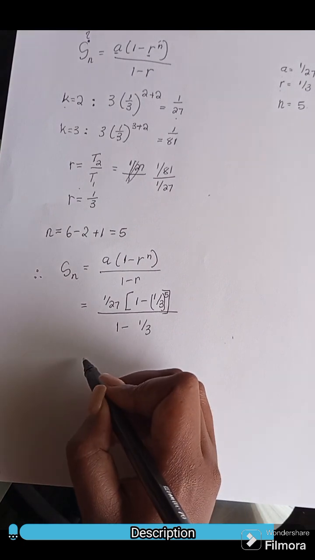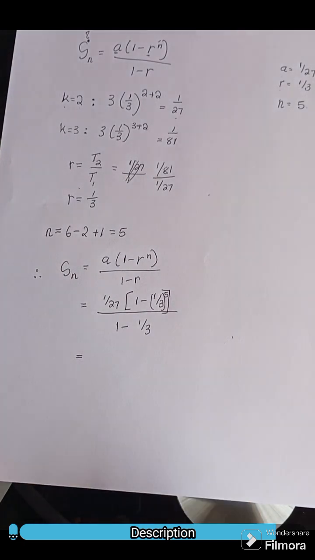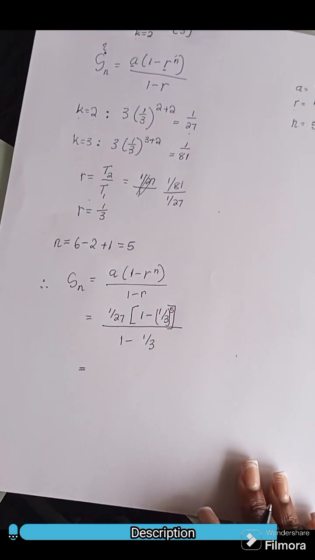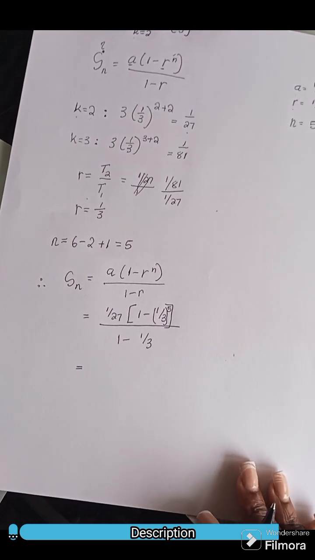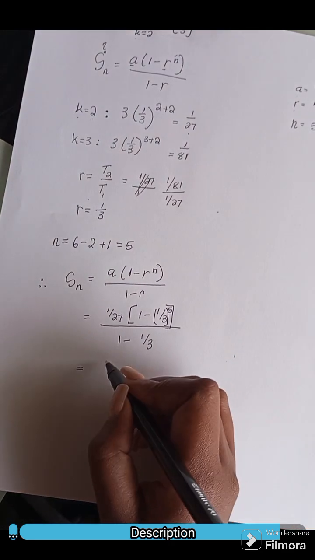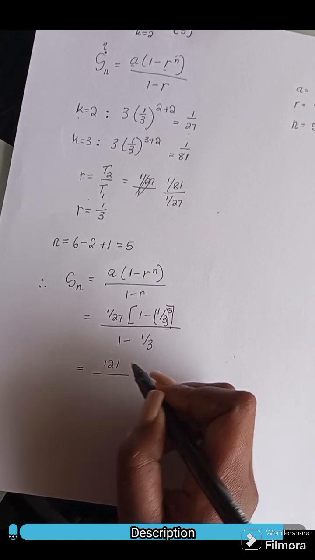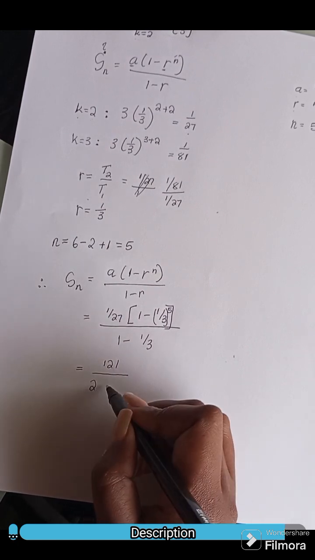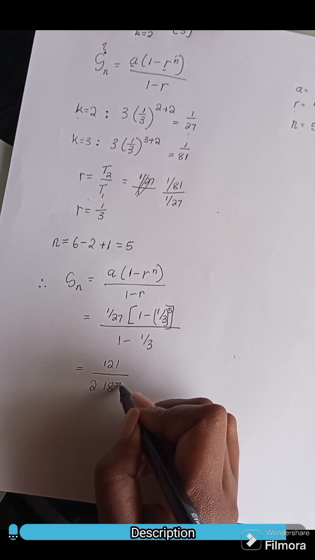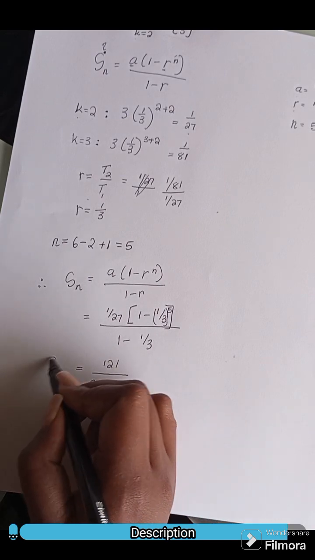Then you punch that onto your calculator and you're going to get 121 over 2187 as your sum.